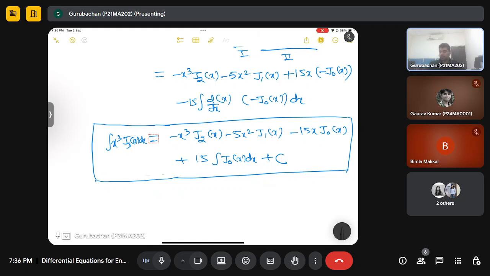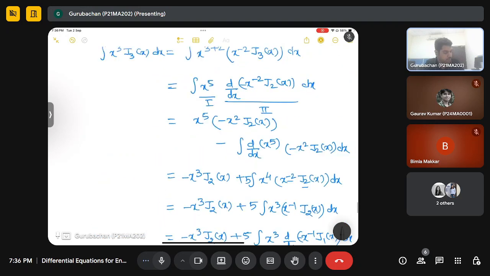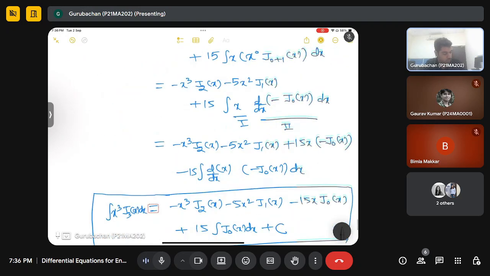So in the next question, what we are going to do, this is a simple application of Rolle's theorem. So question number 7, I think. Yes, 7.